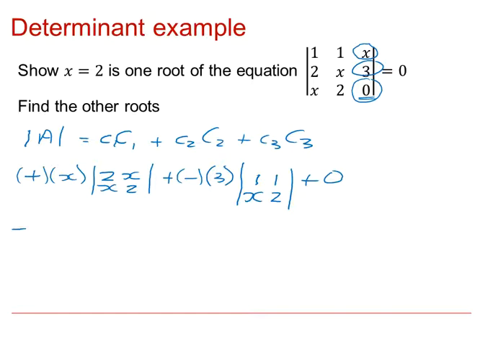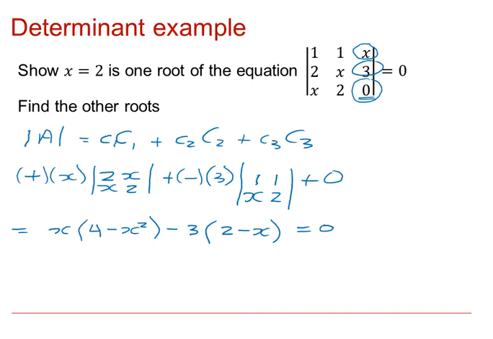If I expand that out, I know I'm going to have x, and it's going to be 4 minus x squared as the determinant. And then I'm going to have a minus 3, 2 minus x. That is the equation for the determinant, and I'm told up here that it equals 0.